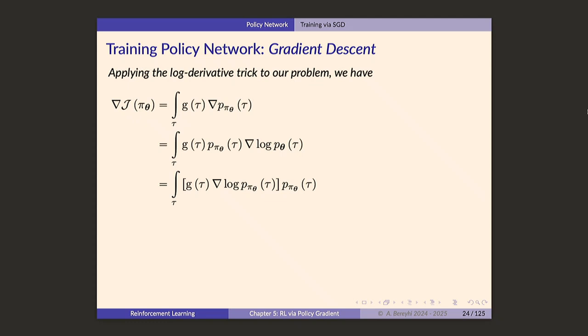Is this any specific operation? What operation is it? Yes, go. It's an expectation over the trajectory. Right, perfect. This is an expectation with respect to P of the trajectory, because you have one term which depends on the trajectory, times the probability of that trajectory, and you are integrating over that.